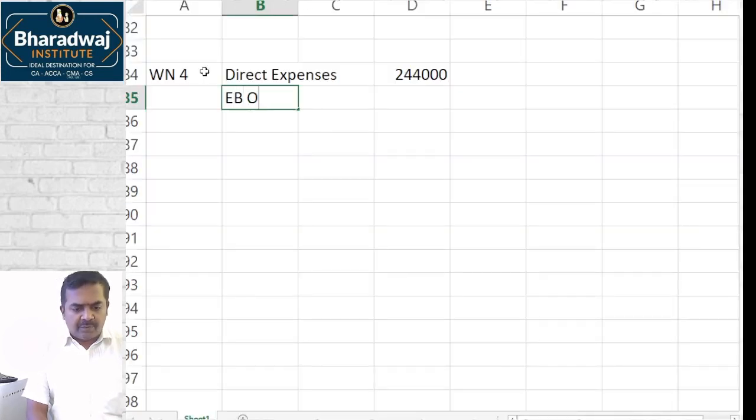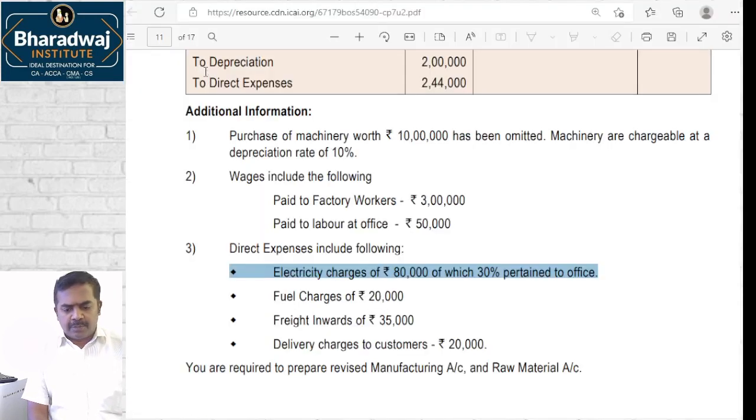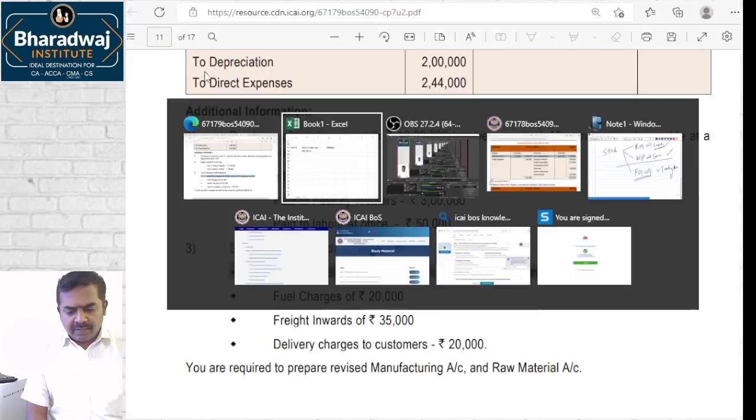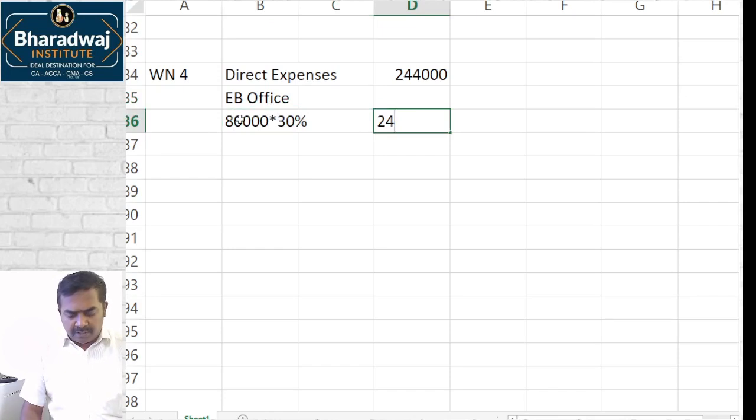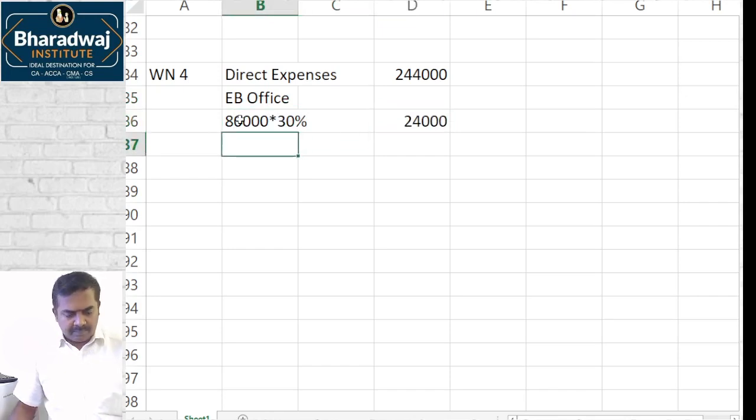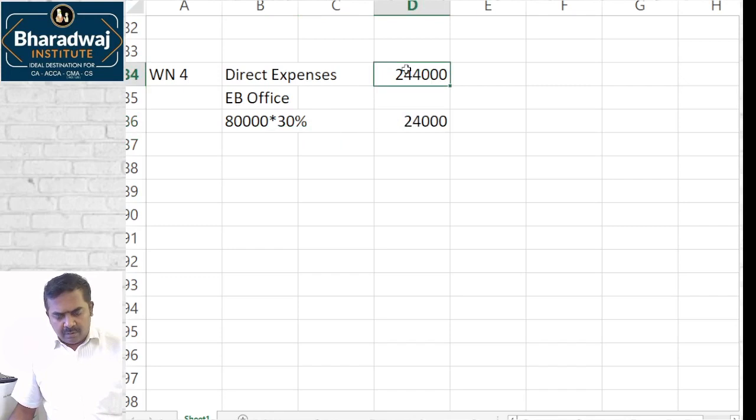Electricity charges for office. 30% of 80,000 is how much? 24,000. You should not include it. So of the 2,44,000, the 24,000 cannot be included.